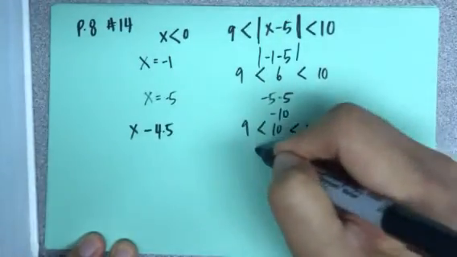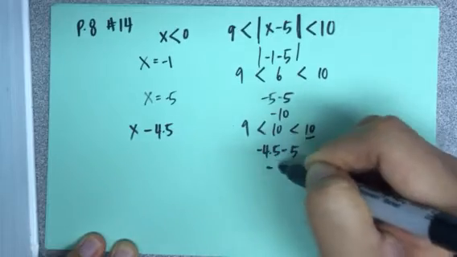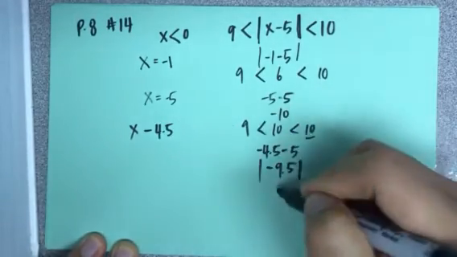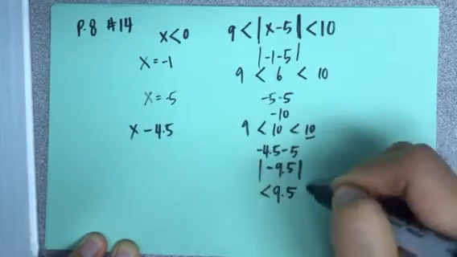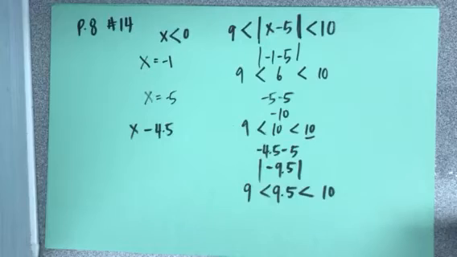If x is -4.5 and you're subtracting by 5, that's going to be -9.5. And then if you take it out of the absolute values, it'll be +9.5. And +9.5 definitely is between the numbers 9 and 10.